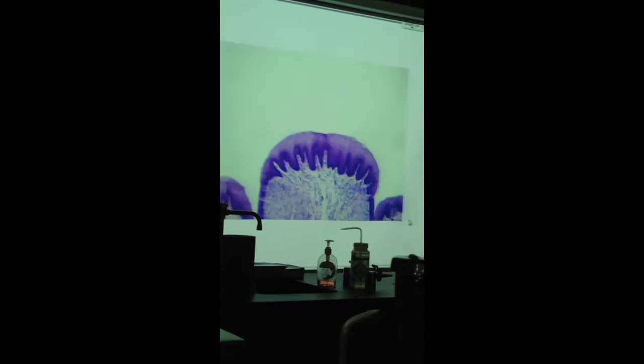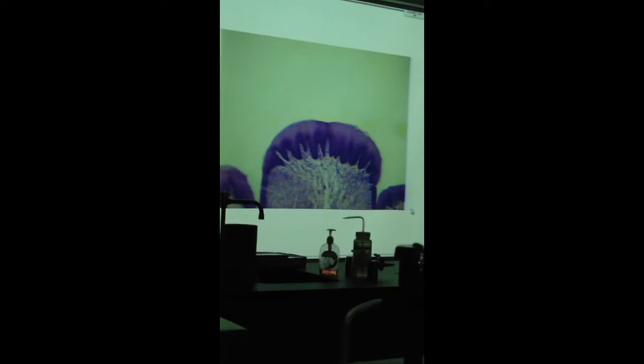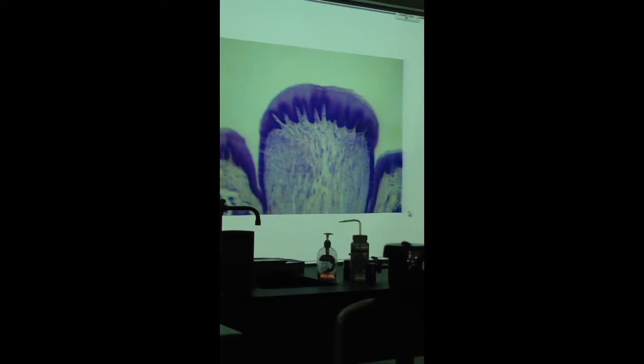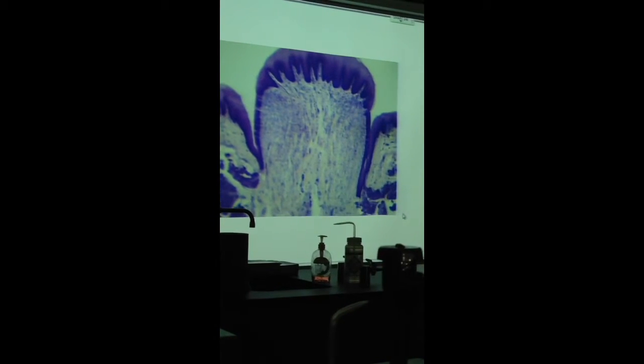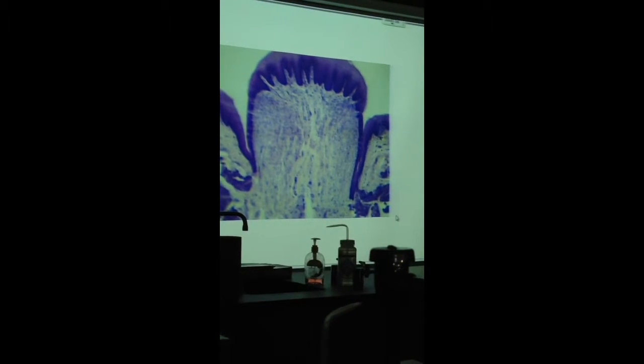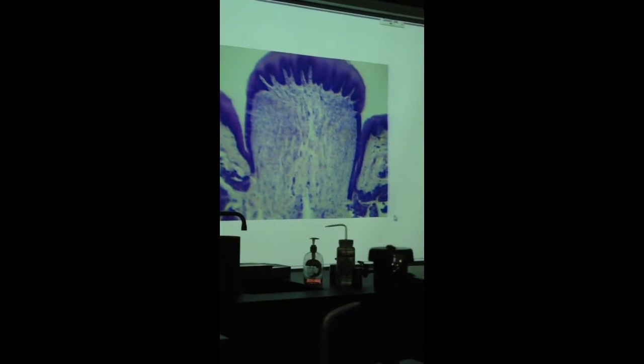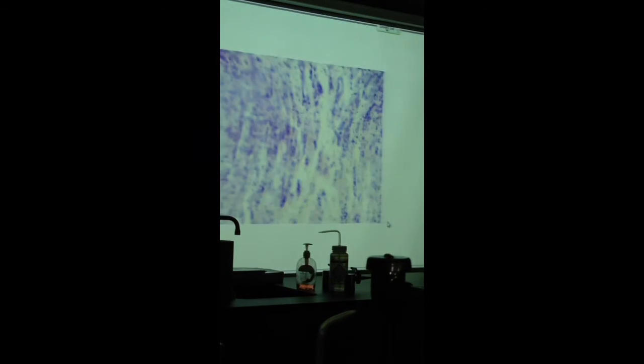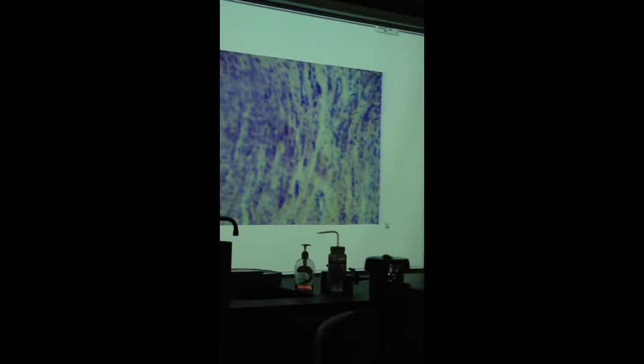These are the largest of the three general categories of papillae in the human tongue. They're also the fewest in number. And embedded in the epithelium of these papillae you see some other structures you should be able to recognize.